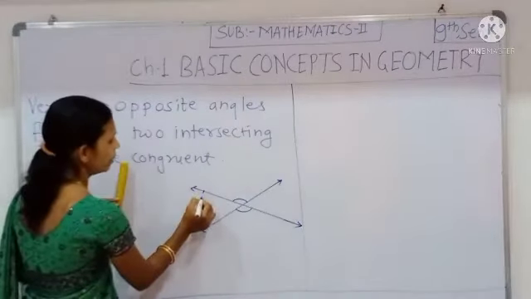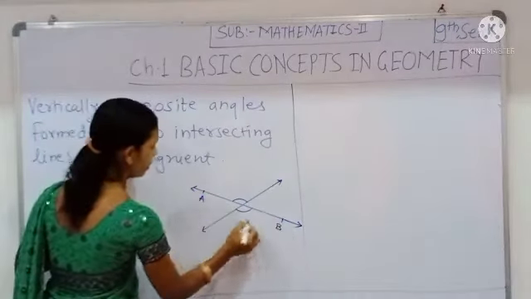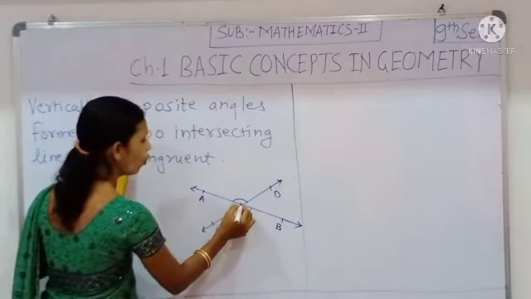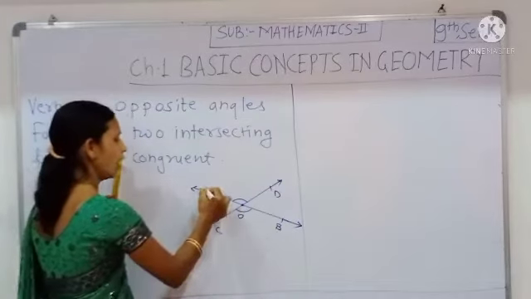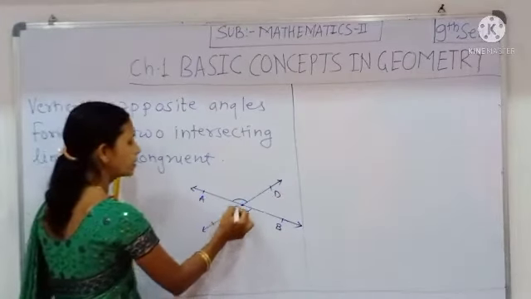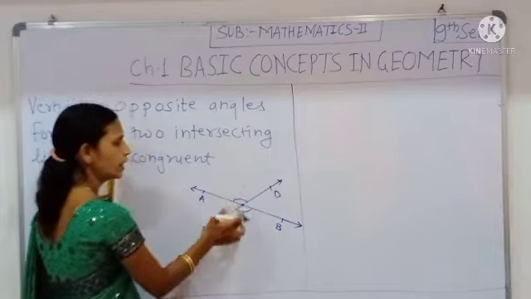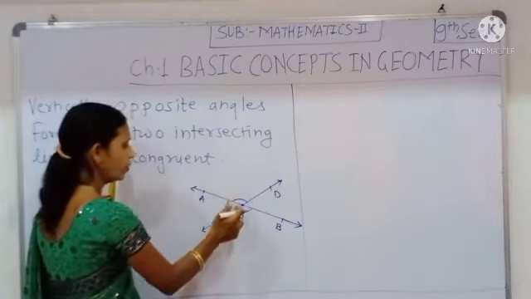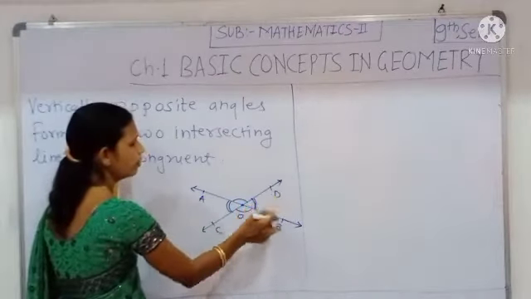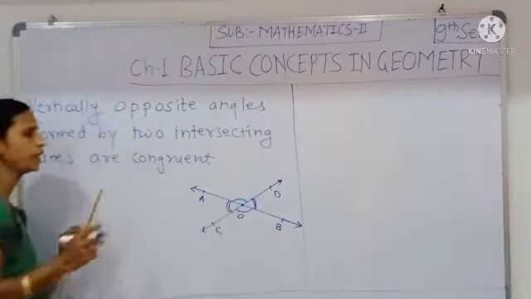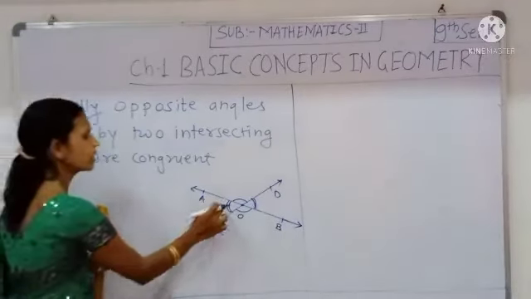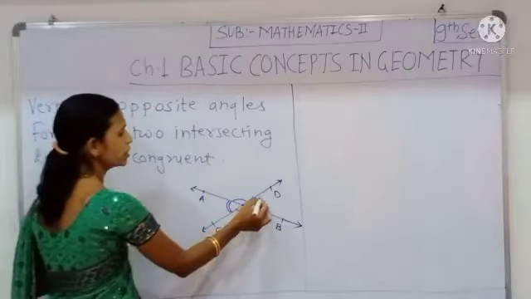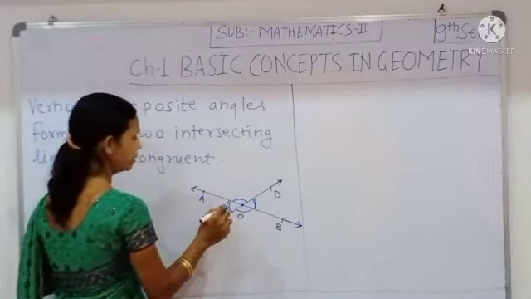See here, line AB and line CD intersect in a point O. Then angle AOD and angle COB are vertically opposite angles, as well as angle AOC and angle BOD are also vertically opposite angles which are congruent. That means here angle AOC is equal to angle BOD.